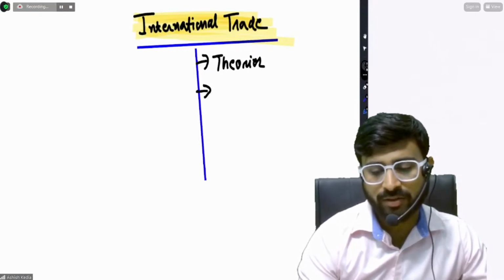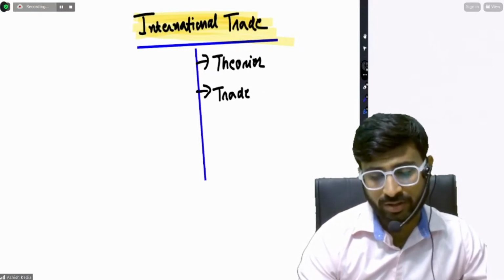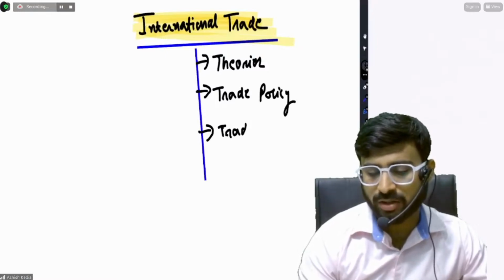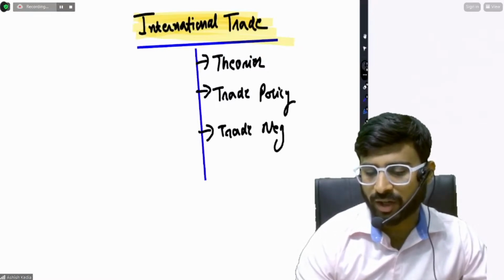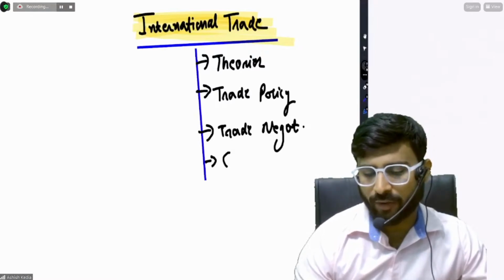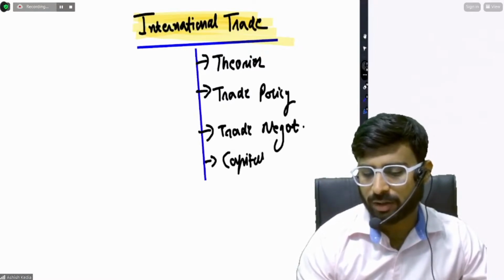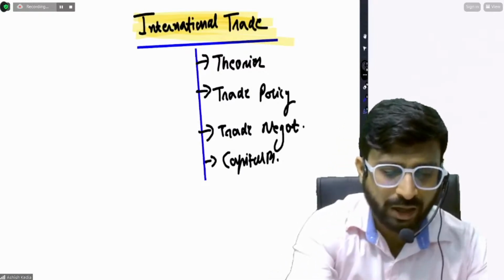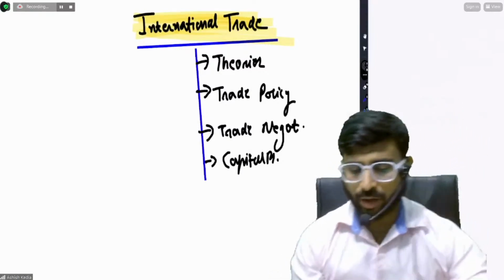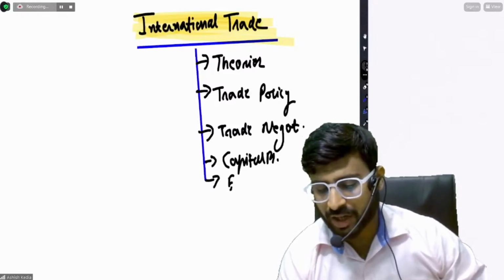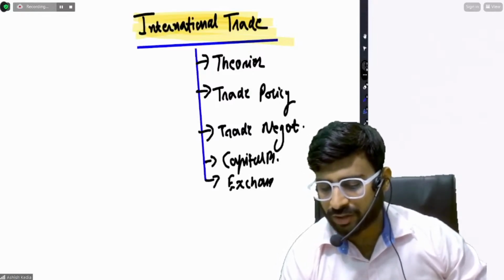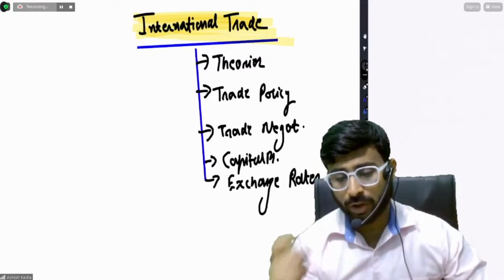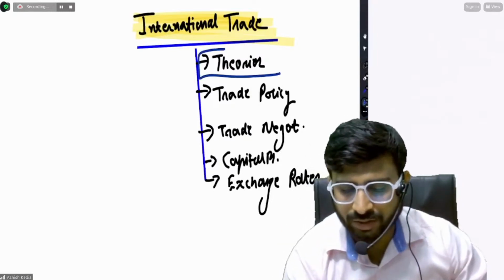Then there is the concept of trade policy, then trade negotiations, then a chapter related to capital movements, and then a chapter related to exchange rates. So, dear students, these were the 5 topics that we had to cover, and we have already covered one of them.